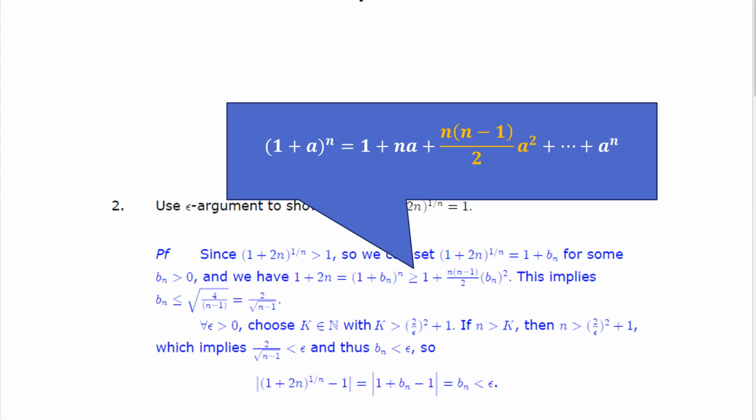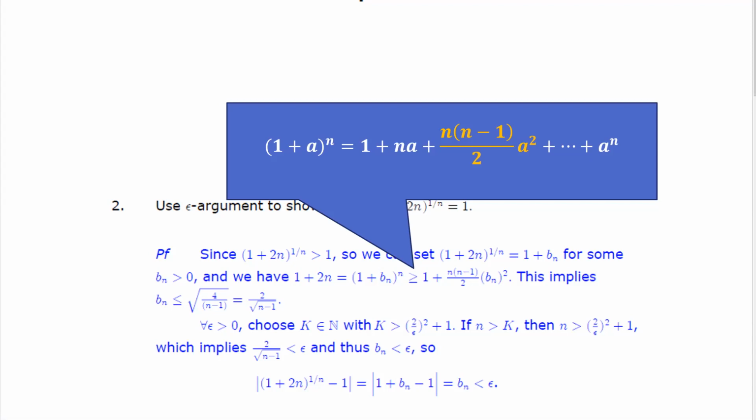So what we have here is 1 plus bn to the n-th power is greater than or equal to 1 plus n times n minus 1 divided by 2 times bn squared. Doing this, you can see that the 1 can be canceled, and then it's easier to solve the inequality. Once the 1 is canceled, the left side is 2n, the right side is n times n minus 1 and so on, so you can cancel another n easily.